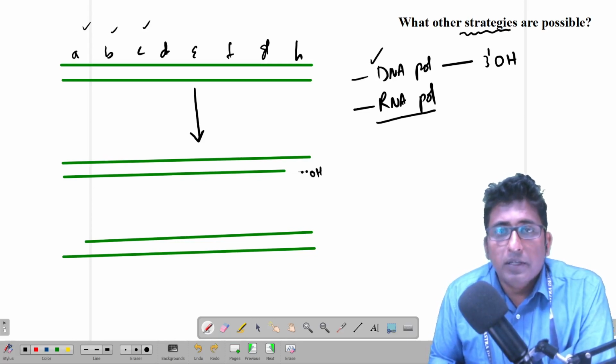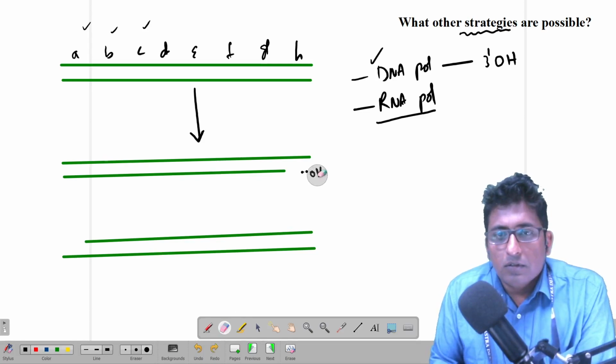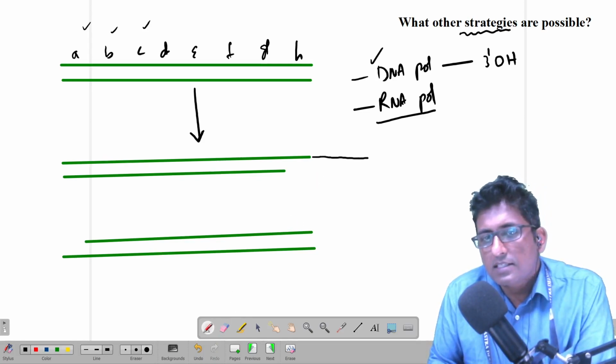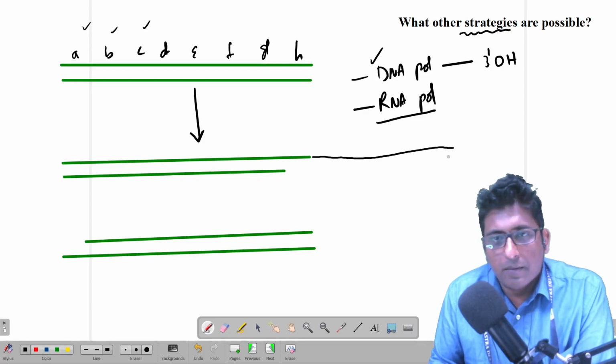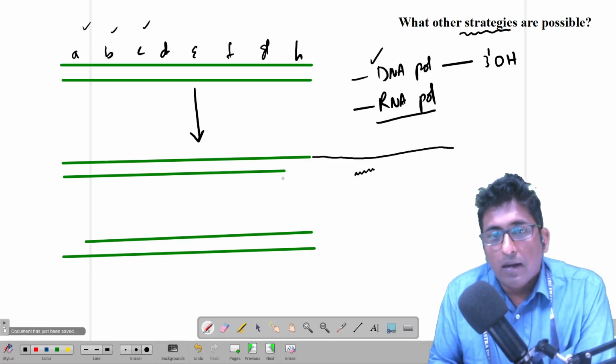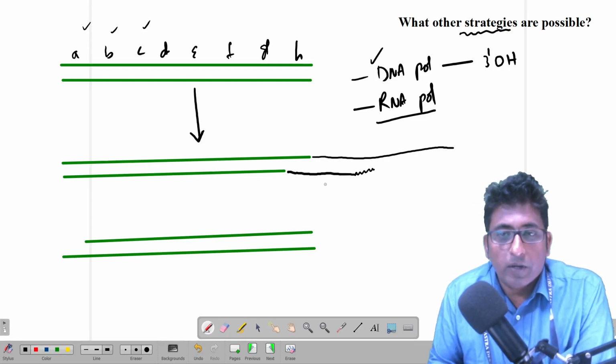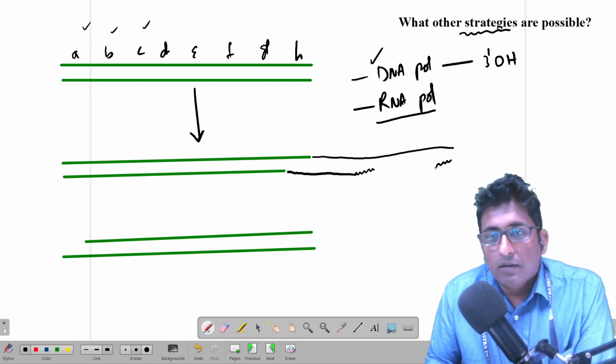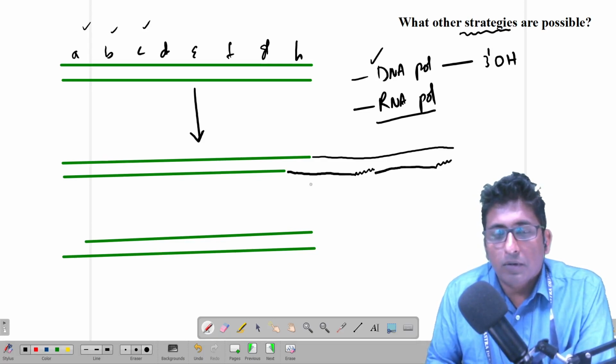This strategy would be, if I could extend this longer, there is a possibility for primase to come and fill this gap, and then this DNA polymerase could take up and fill it this way, and later we can have more and more, and later these RNA primers could be removed and filled up with DNA.